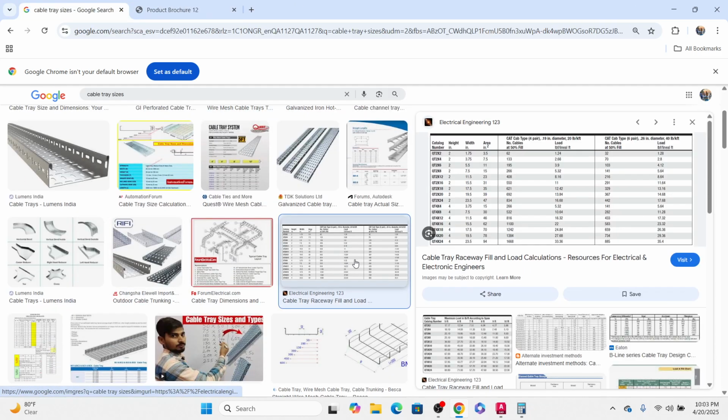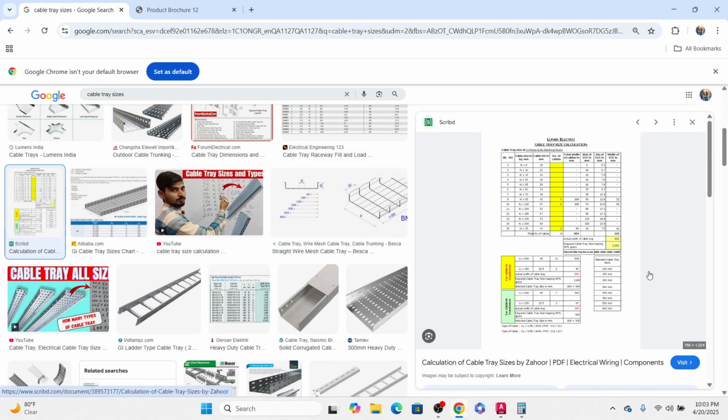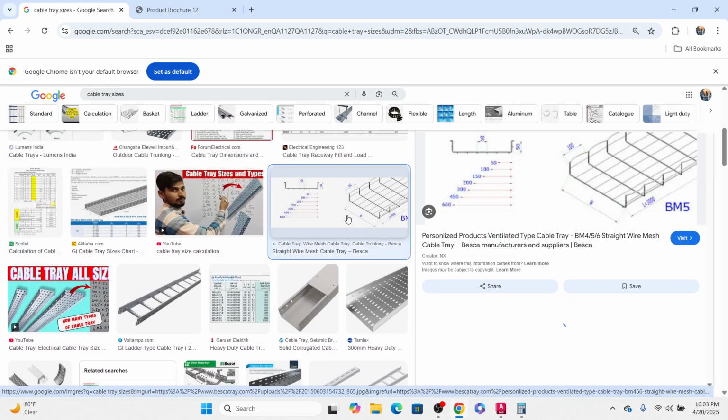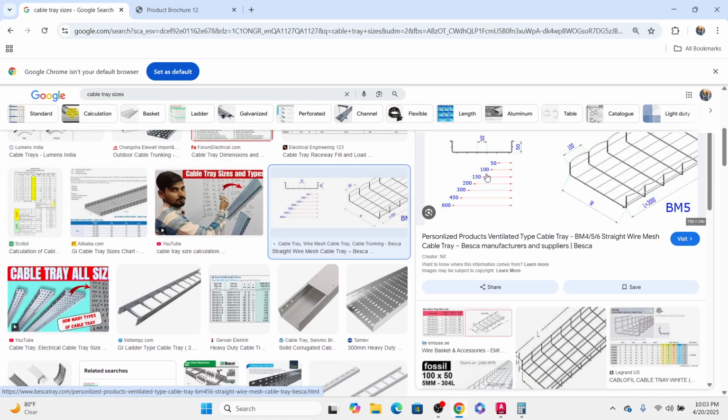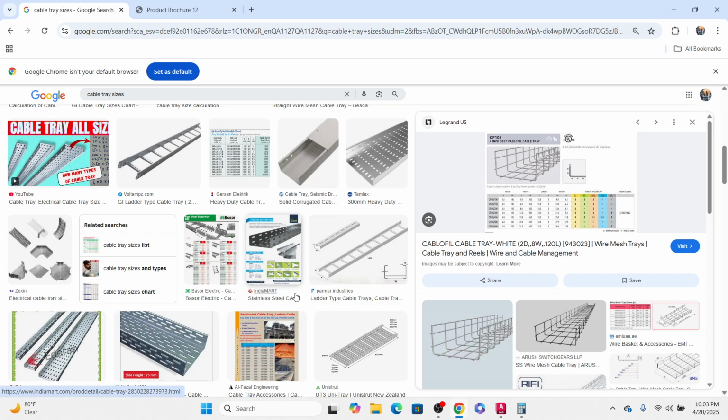Depending on the Qatar market, we have up to 1 meter. This is one kind of size: 50, 100, 150, 200, 300, 450, 600. There are some sizes up to 900.